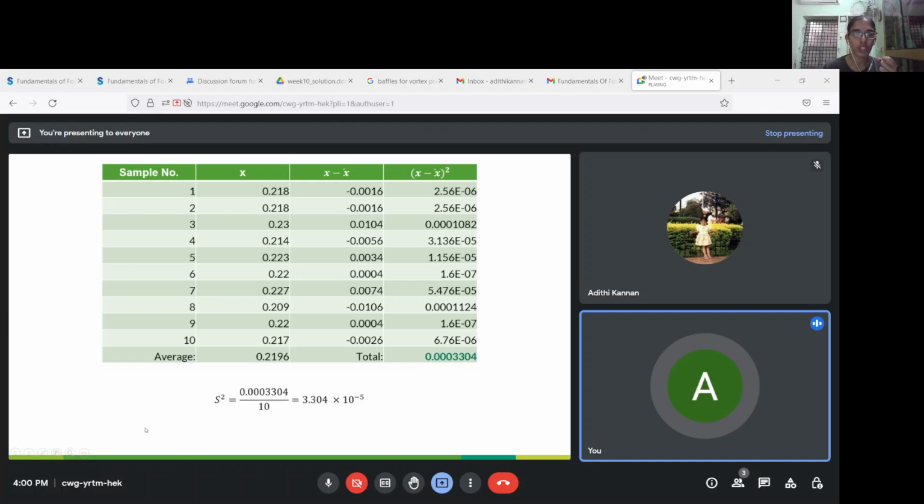So your s square, that is your variance, is equal to 0.003304 divided by n, which is the total number of samples that you have taken at a particular time. In this case, you have taken 10 samples. So we are dividing 0.003304 by 10, which is equal to 3.304 into 10 power minus 5. So this is how you will calculate the variance at any particular time t.